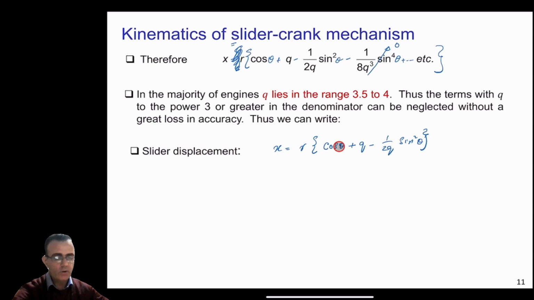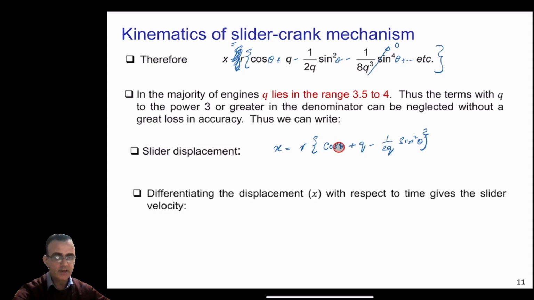Okay, now if you know x, we can calculate velocity by just differentiating x with respect to time. So if you want to calculate velocity here, you can call it v, and it will become dx by dt, or you can also call it x dot.